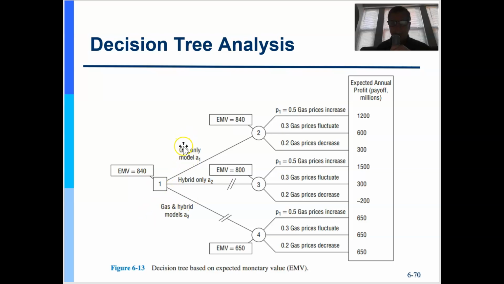I can use a gas only model for whatever this project was, or I could use a hybrid approach, or I could use gas and hybrid models in another form. Well, each one of those has a probability and an impact based on price fluctuations, right? And what I'll do is total those versus my expected annual payoff, and add those numbers back and see which approach I should take.